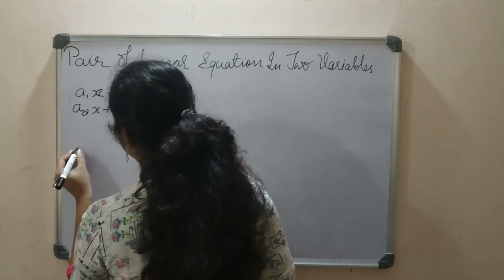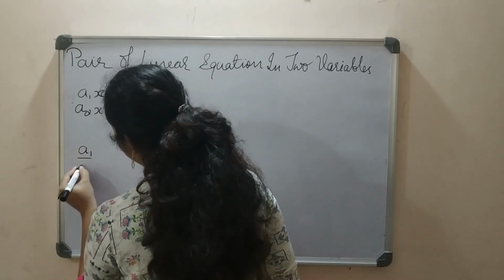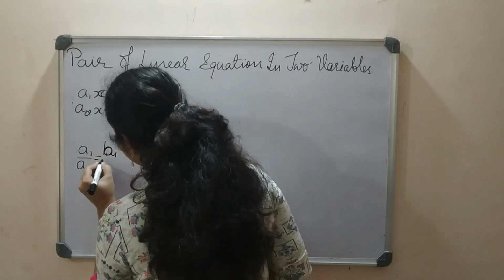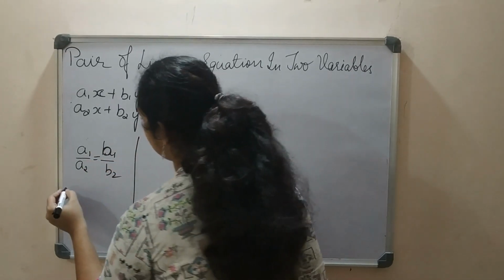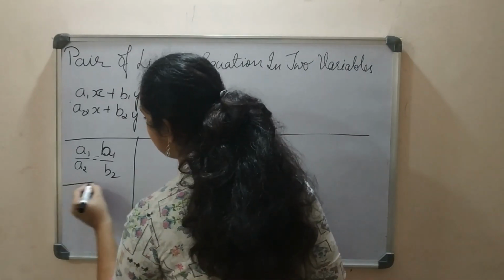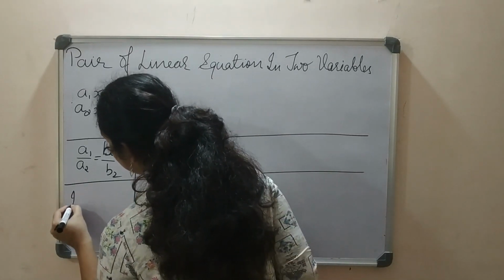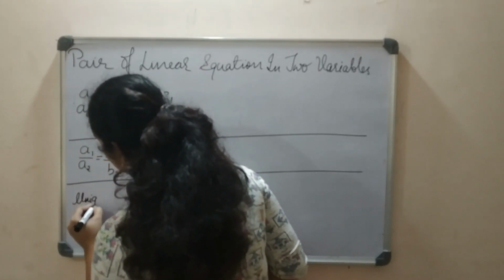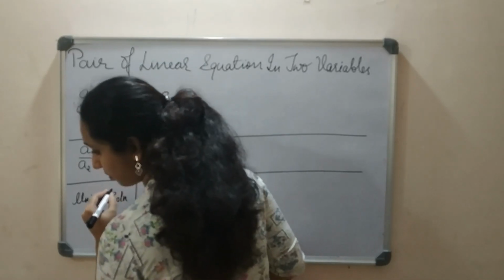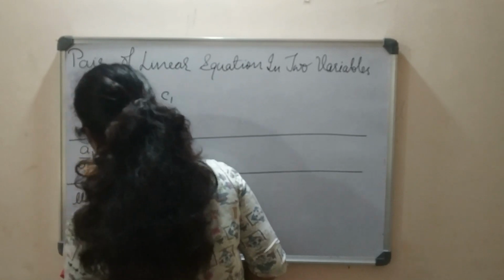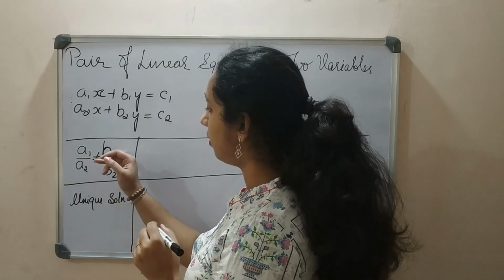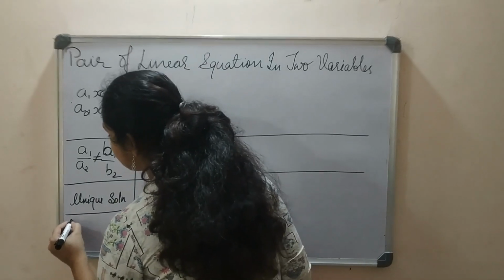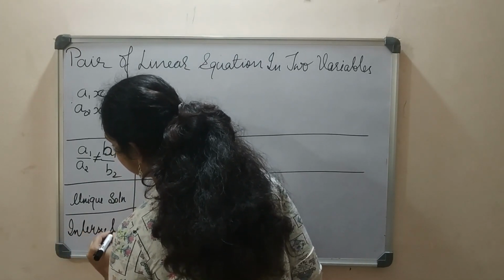First, if the condition is a1/a2 is not equal to b1/b2, then it has a unique solution, and graphically the lines will intersect.